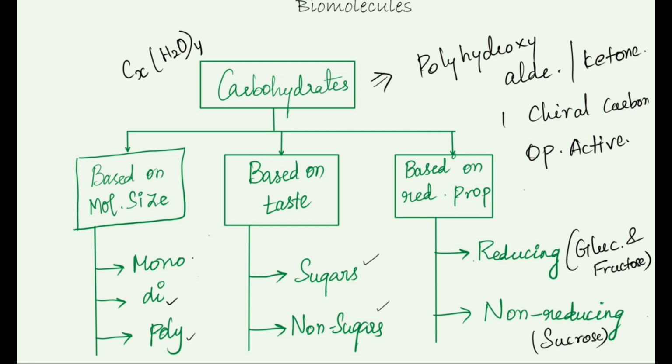Reducing sugars contain either alpha hydroxyaldehyde or ketone, or they contain cyclic hemiacetal or hemiketal structures, or maybe they are in equilibrium with that structure, so that it reduces Tollens' and Fehling's reagent. Basically, it should have an aldehyde or alpha hydroxyaldehyde or free ketone to get reduced.